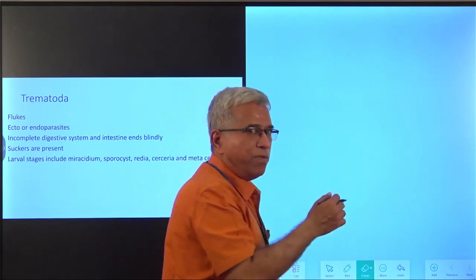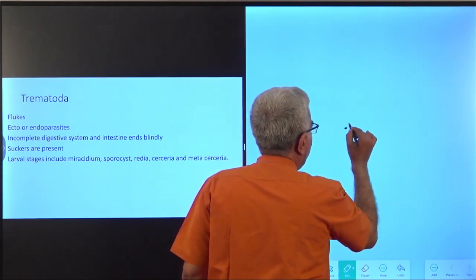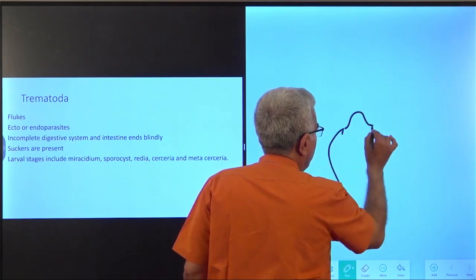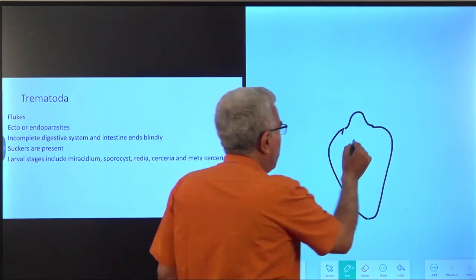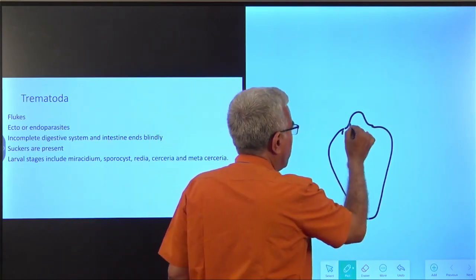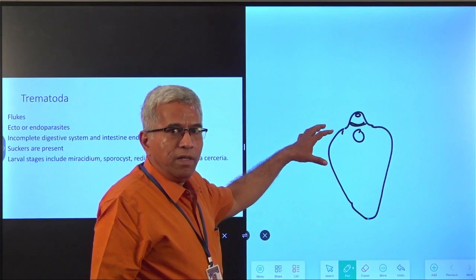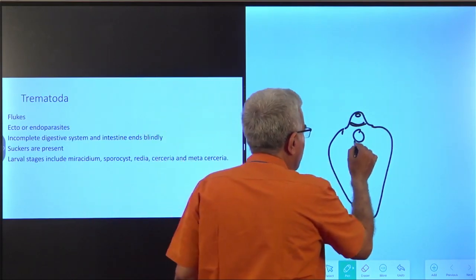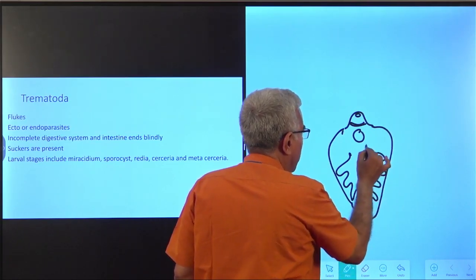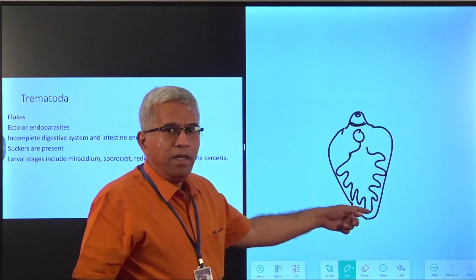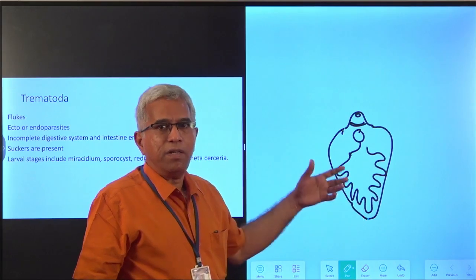Let me draw the diagram of liver fluke for you. It looks like this. And here you find one sucker called acetabulum, and the mouth will be there at the apex, and the intestine starts here, and it ends blindly as intestinal ceca.